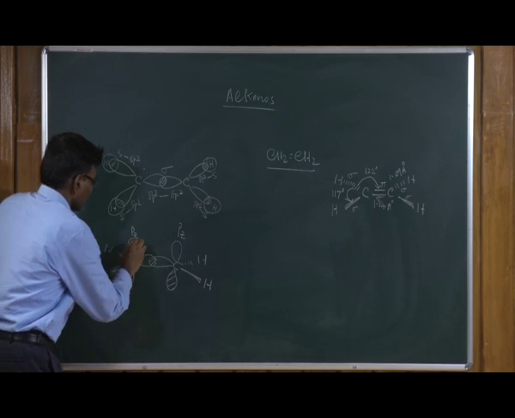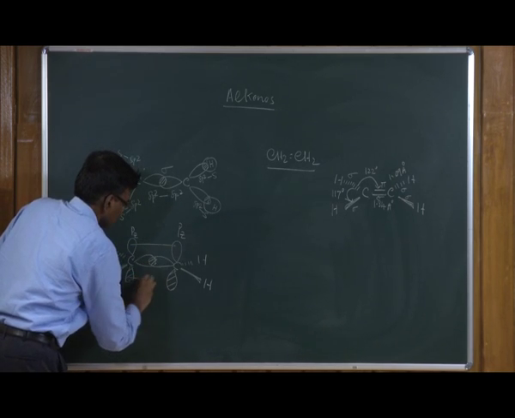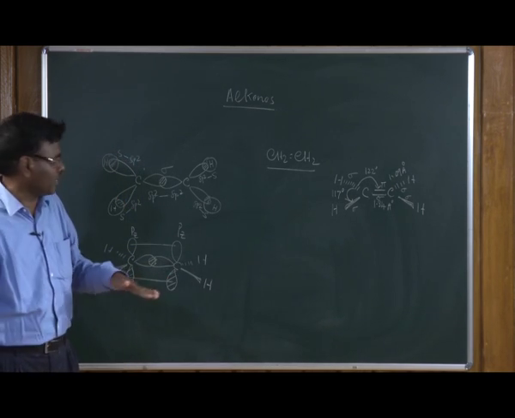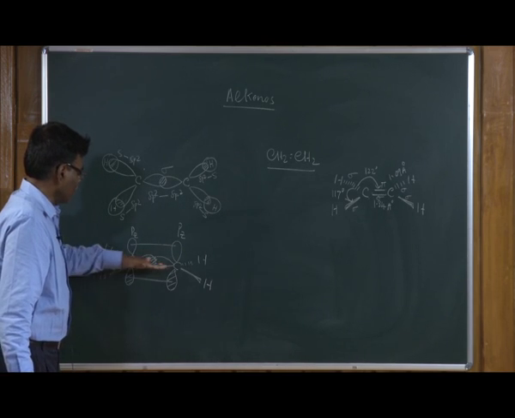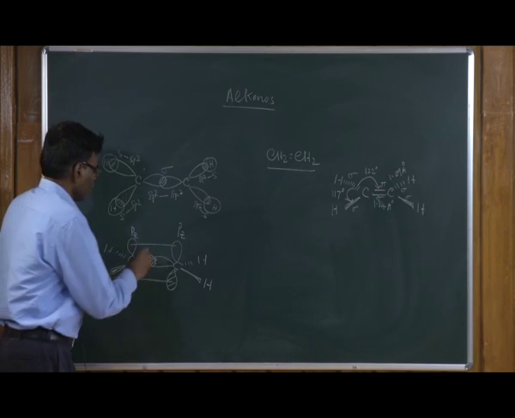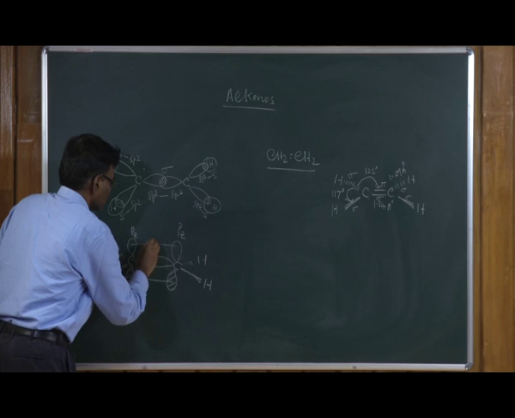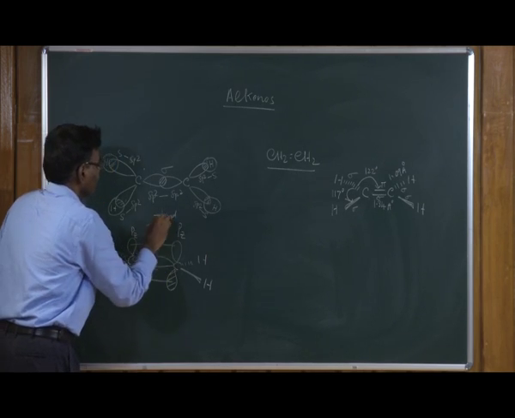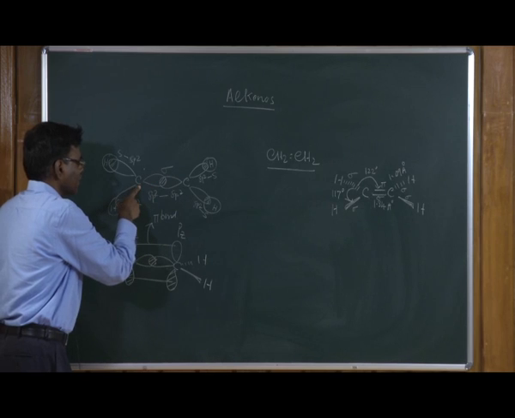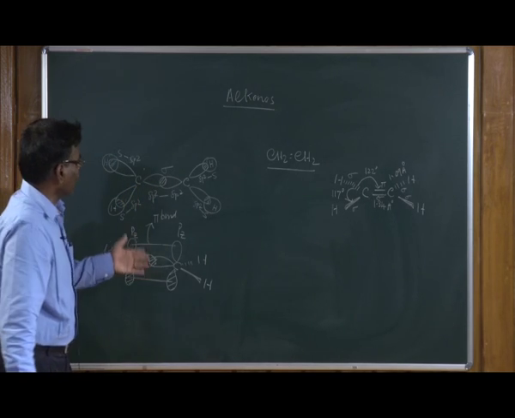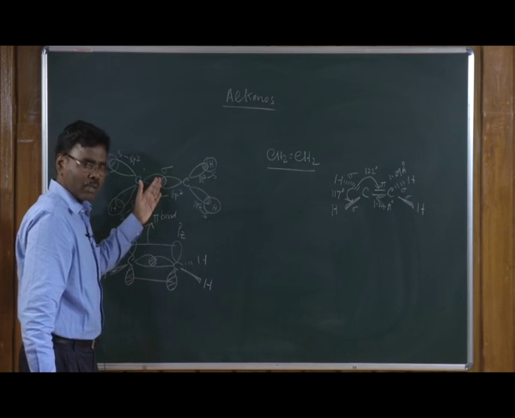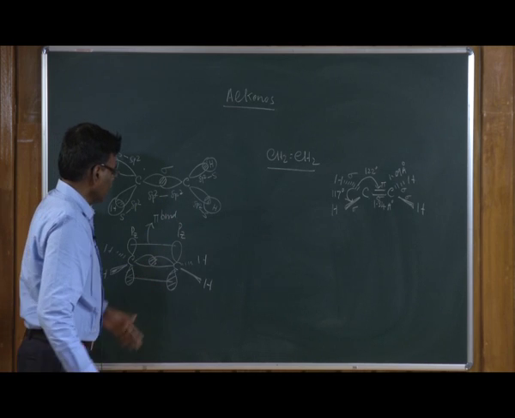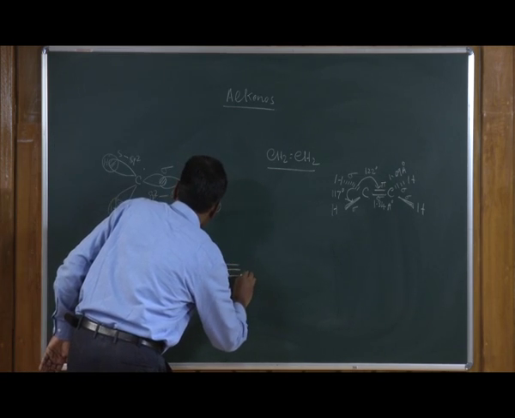These two p orbitals overlap below and above the plane of this sigma bond, and we make the pi bond. This overlapping of these two orbitals gives the pi bond formation, and overlapping of this sp2 hybrid orbital of carbon with another carbon sp2 orbital generated the sigma bond. And so, this also we can write like this.